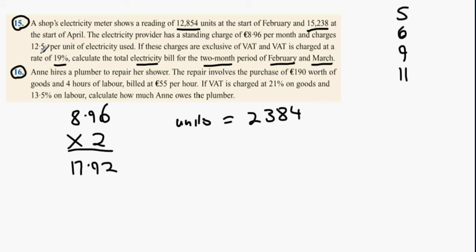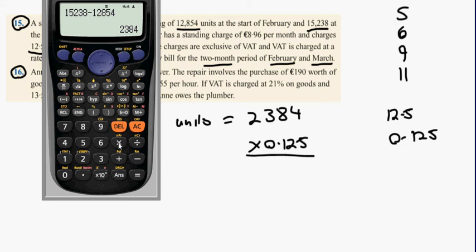Okay. Now we're getting charged 12.5 cents per unit. And remember, 12.5 cents equals 0.125. So multiply this by 0.125, turning it into euro. You get 298.